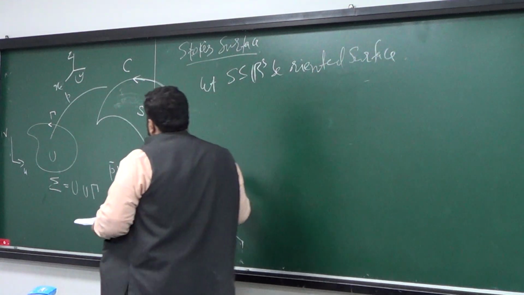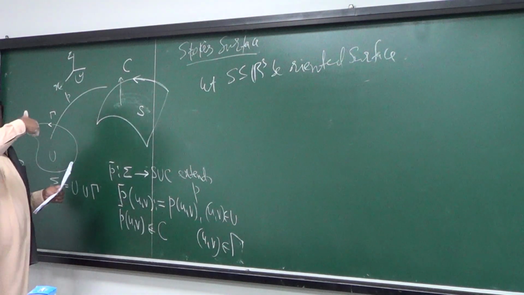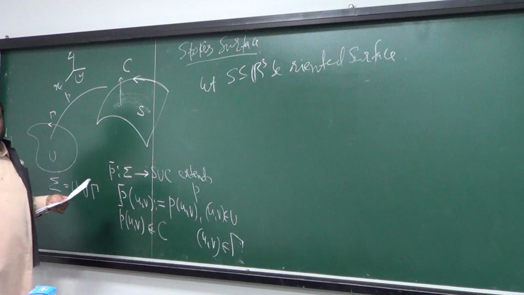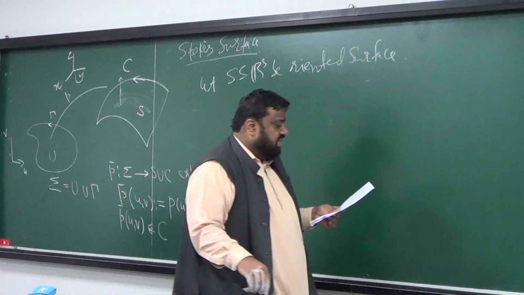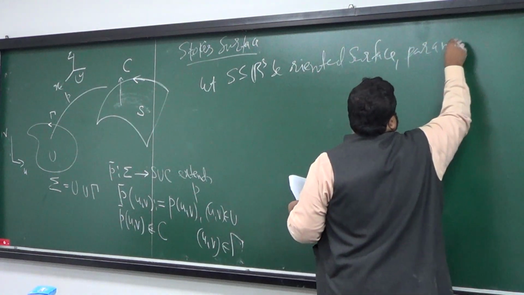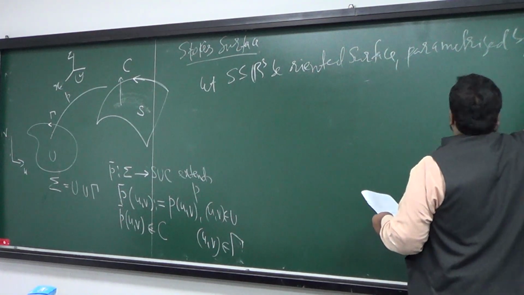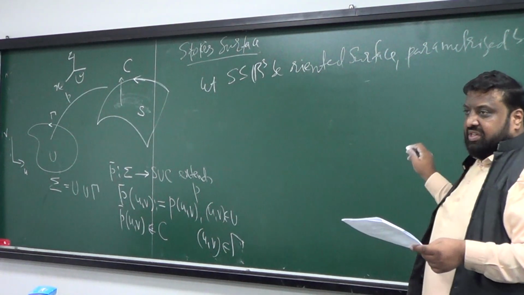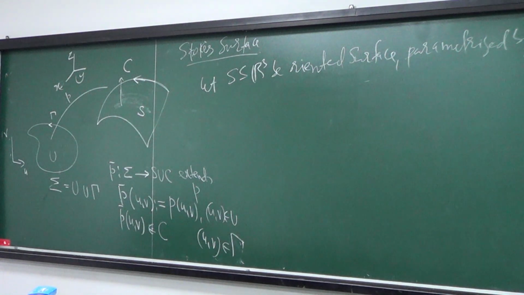By oriented surface, I mean that you can draw a normal vector on it actually, so you have inside and outside. Okay, so it's an oriented surface, parameterized by P. The story that I told here, I'm going to write in words. From U onto S, U into R3.